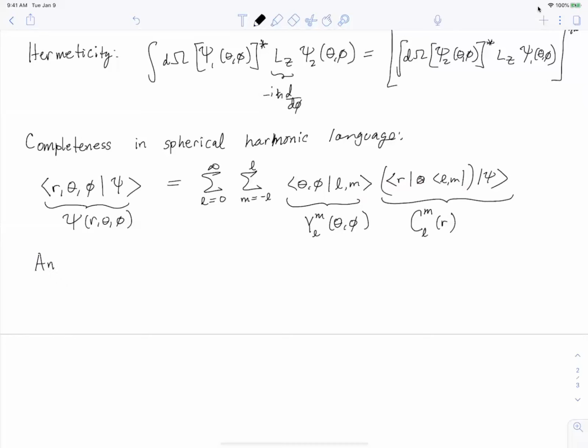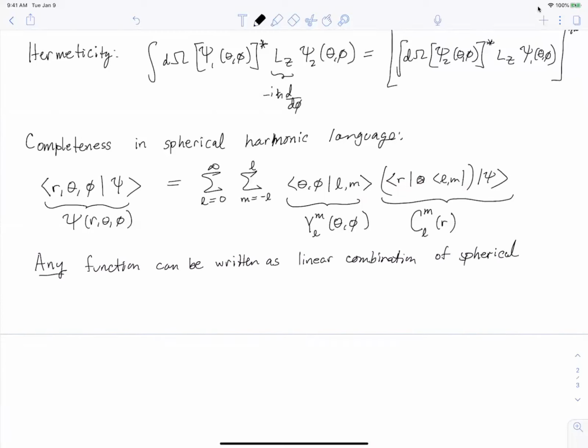So we're saying that any function can be written as a linear combination of spherical harmonics with R-dependent coefficients.